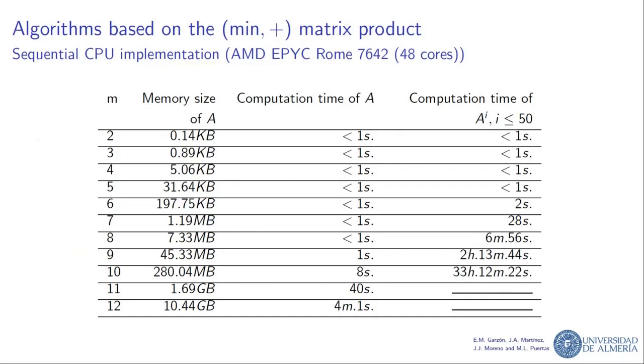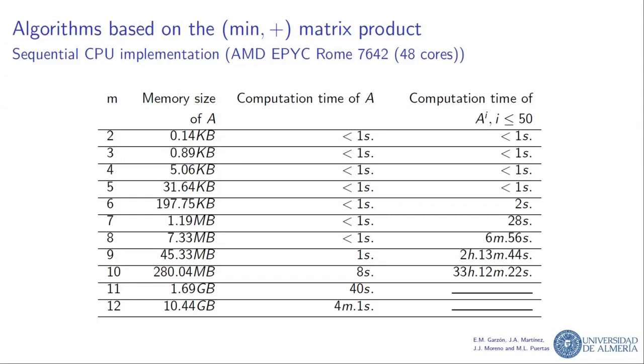However, computing the sequence of matrices with 50 powers in this case took a lot of time, and the largest case we did here is n equal 10, and we needed more than 33 hours to obtain the complete sequence.